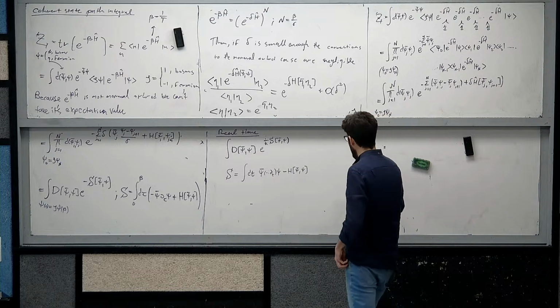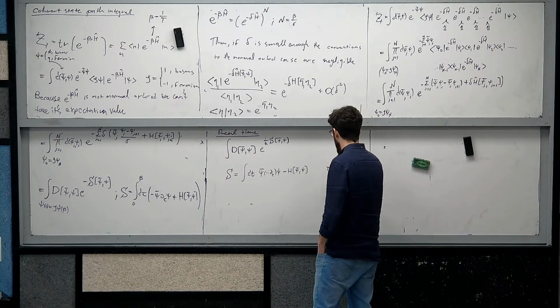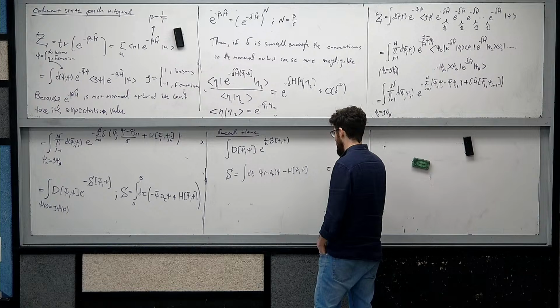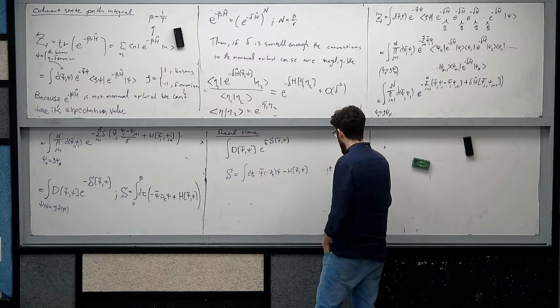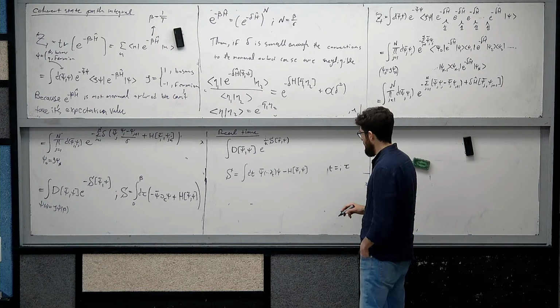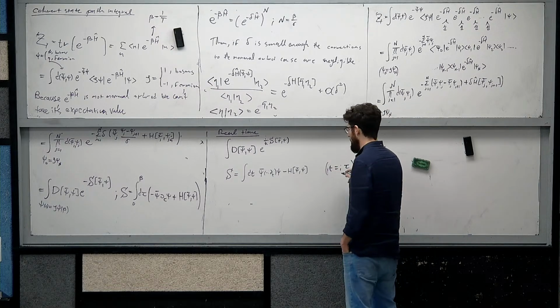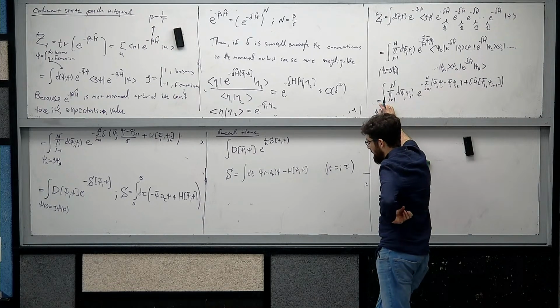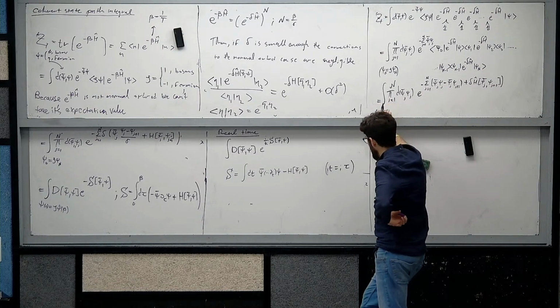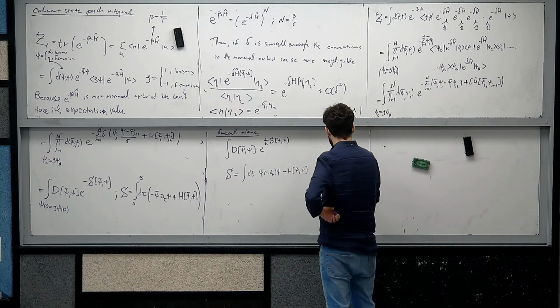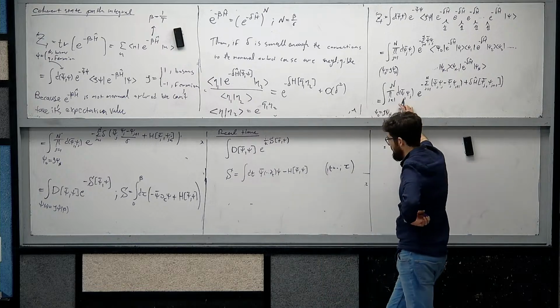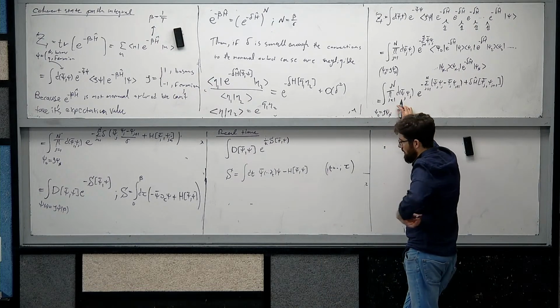And we see that if we take t equal to minus i tau, then I think we get exactly the result we had there.